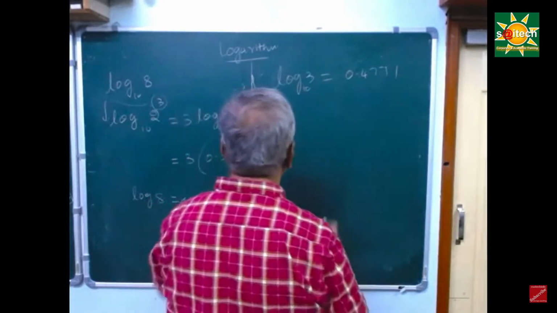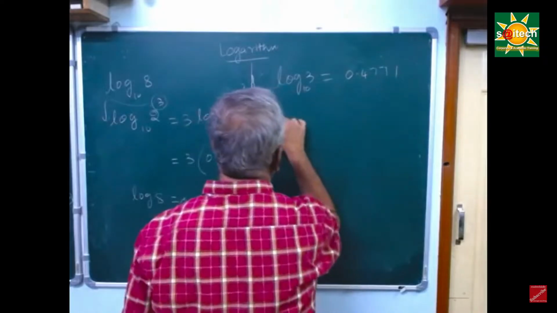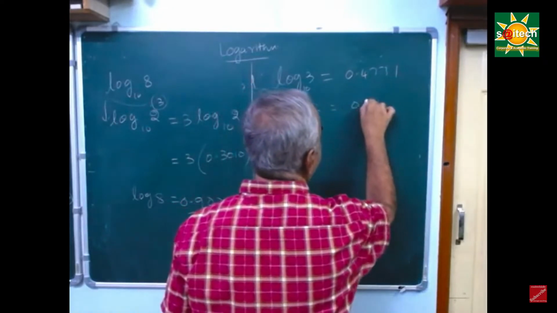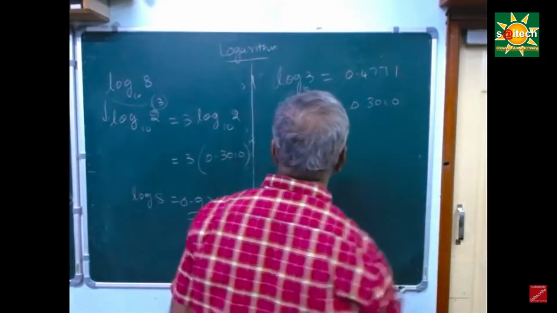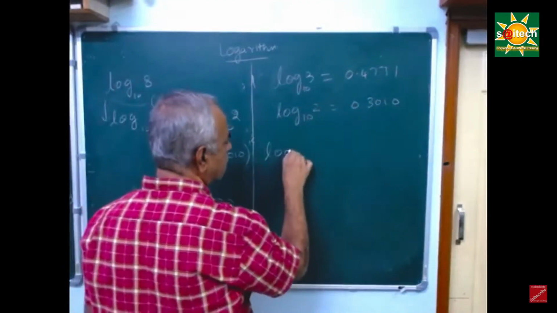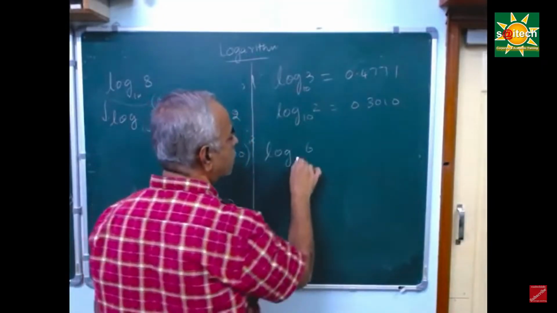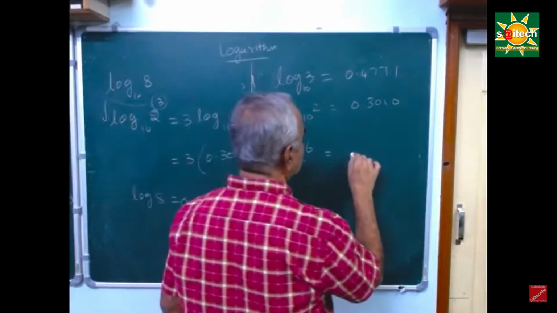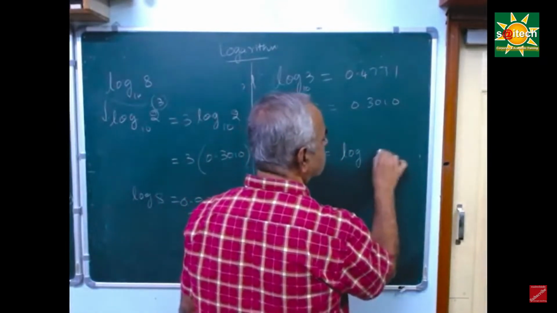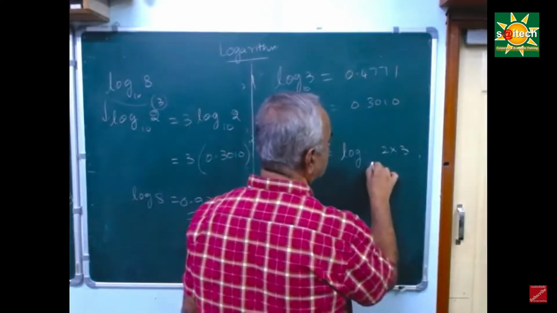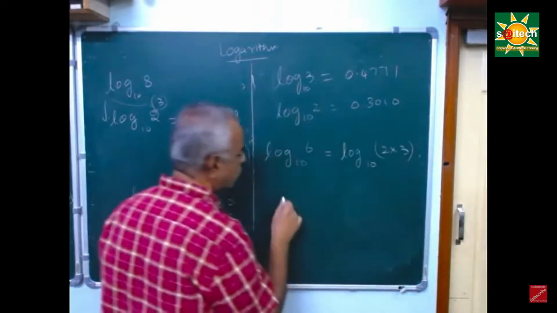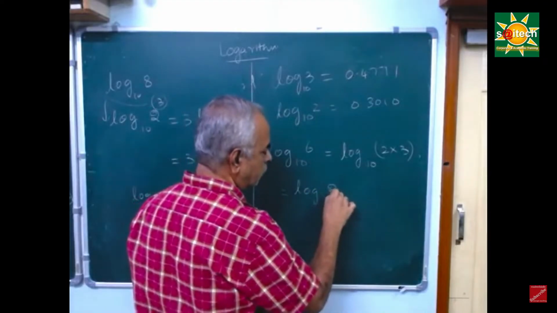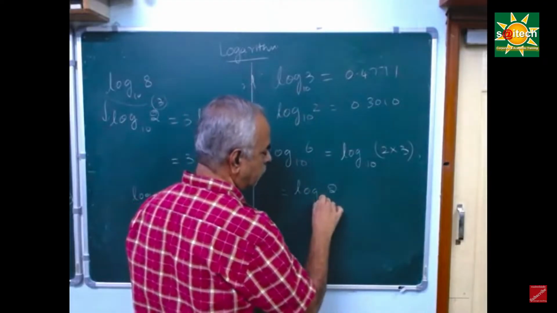Now let us work out based on log 2 and log 3. Log 2 value we know, that is 0.3010. Let me have log 6. What could be the value of log 6 base 10? That is equal to log 2 into 3 to the base 10. So you can apply the product rule. So log 2 to the base 10 plus log 3 to the base 10.